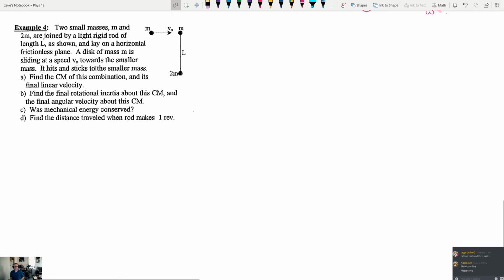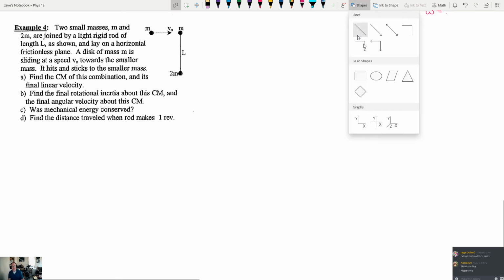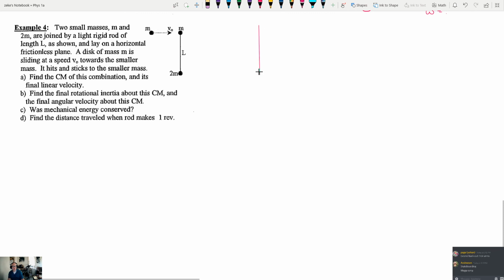Okay, so once these objects stick together, it's going to look something like this. So here's our initial.